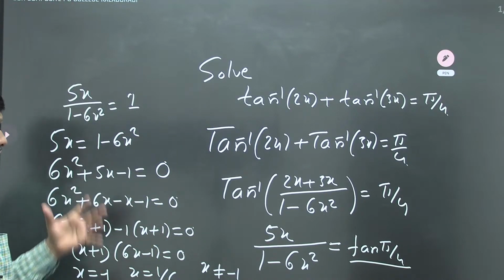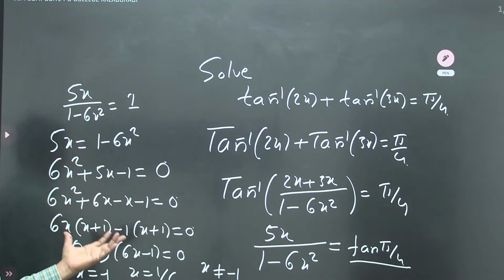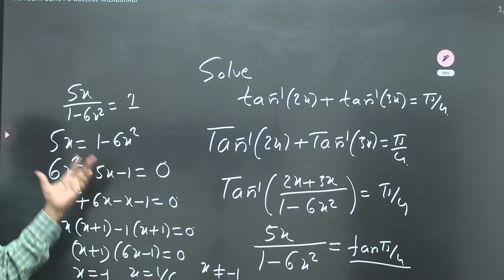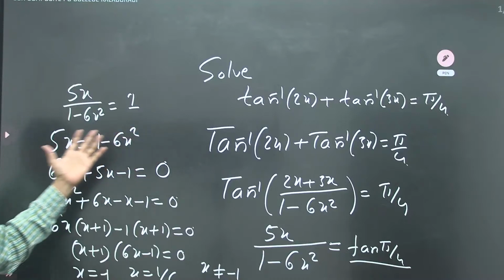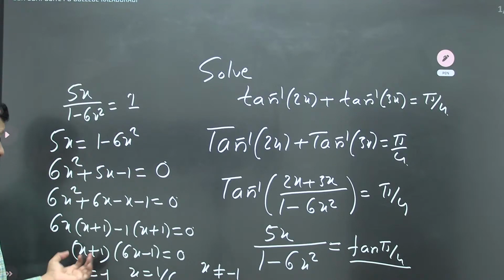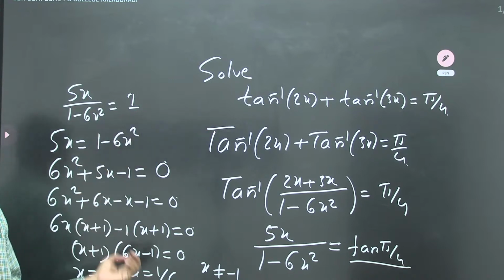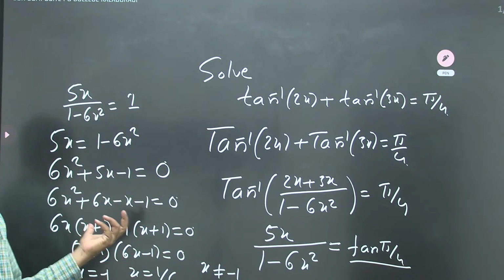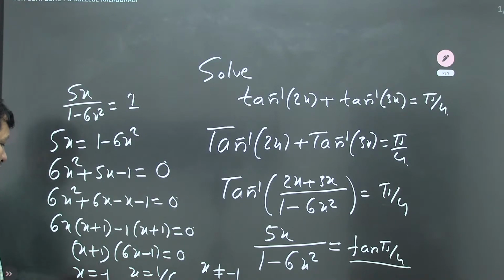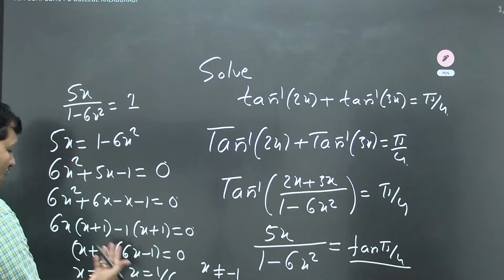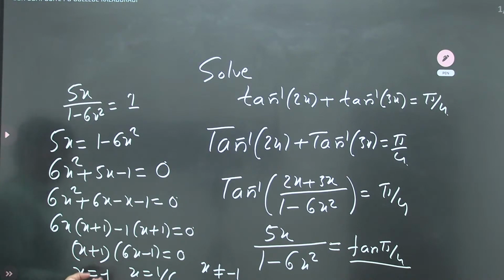See here, why I took this example: they will ask like this in the examination also. After finding the values of x, you will get two values, and you have to check whether they are correct or not. If only one option is correct, you have to pick the correct answer. Suppose option A is x equals minus 1 and option B is 1 by 6, both options look correct.